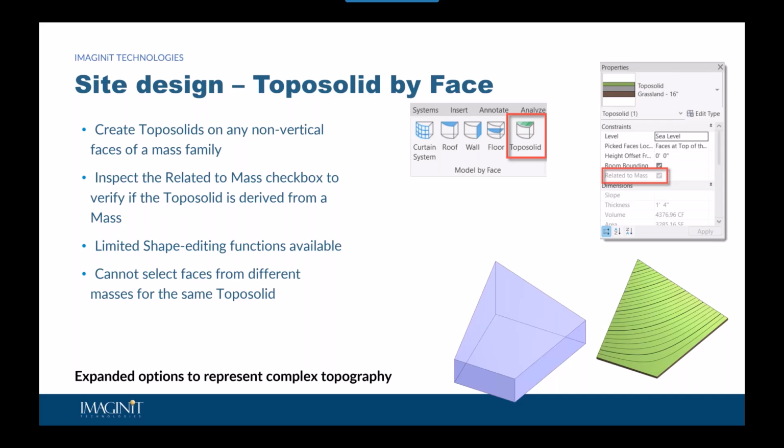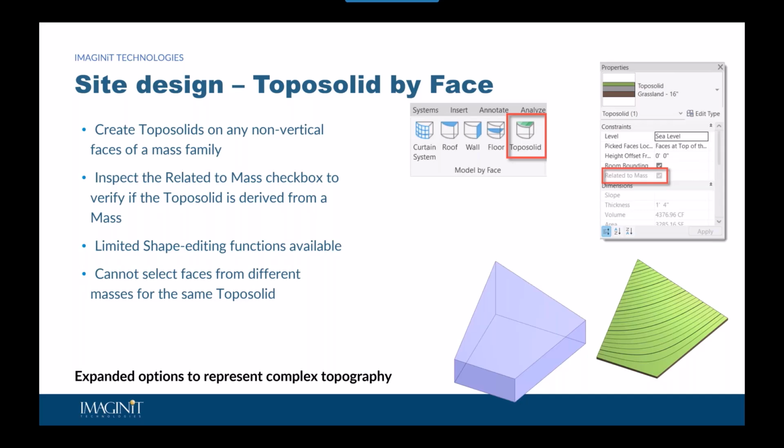The Topo solid made from a model by face is an extrusion. However, this creation method differs from the Topo solid made from sketch import, resulting in limited shape editor functions available for the model by face Topo solid option, especially when the Topo solid is not in a flat planar state.